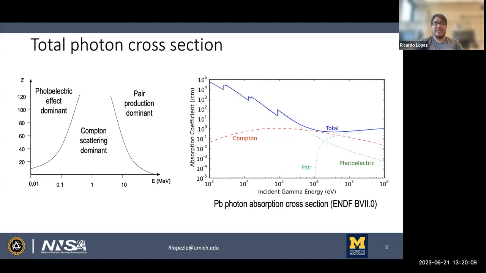During pair production, we have to create the particle and antiparticle pair, which means at the very least, at a minimum, there's some rest mass energy, which is why the pair production cross section only starts at that threshold. Then very quickly, as you go to higher and higher energy, it becomes the dominant one, since the more energy you have, the more can be contributed to the pair production process.